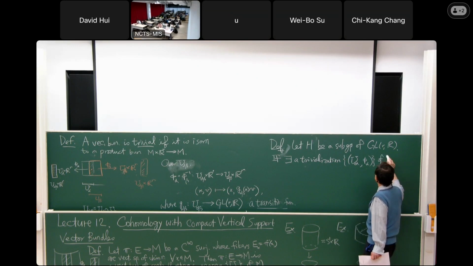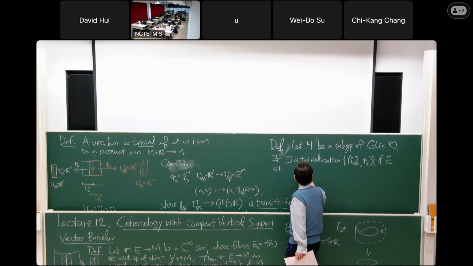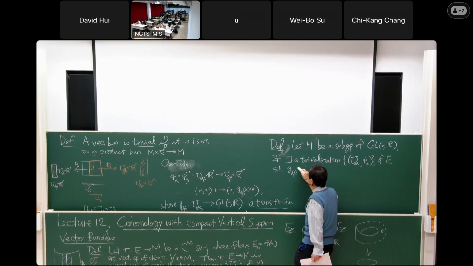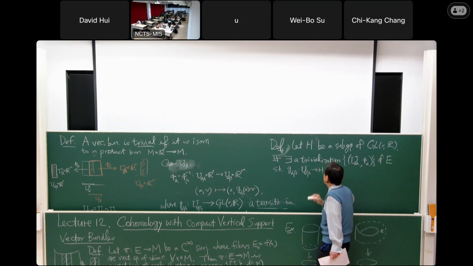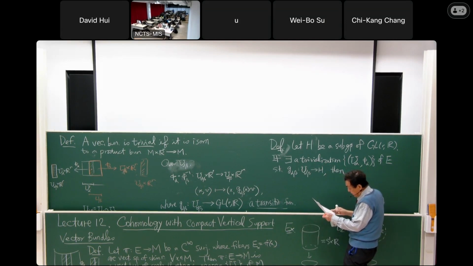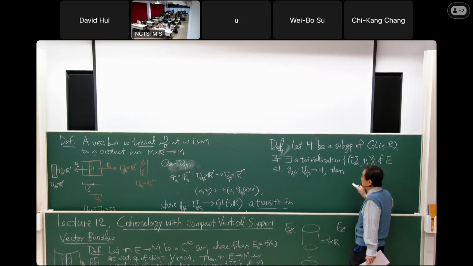So if there exists a trivialization of the vector bundle E such that the transition functions all have values in H, then we say that the structure group can be reduced to H, okay?